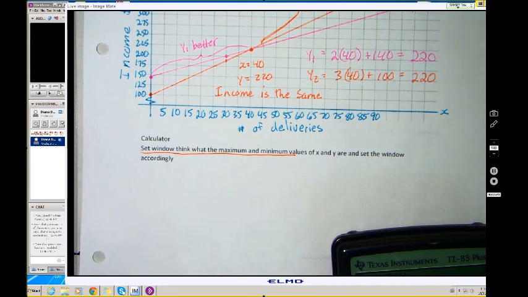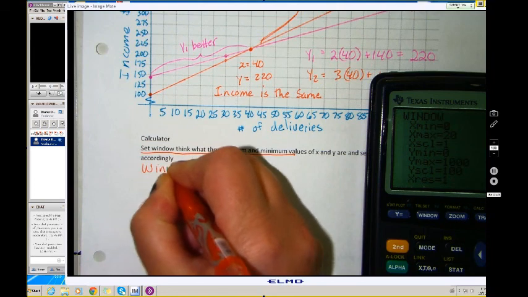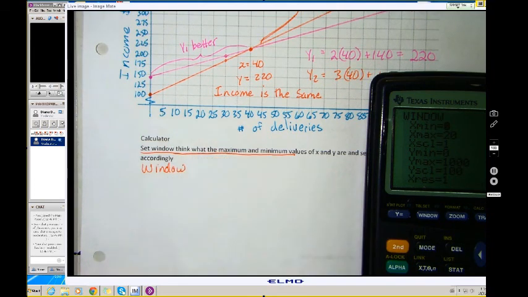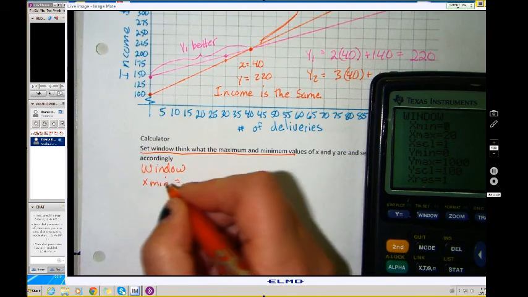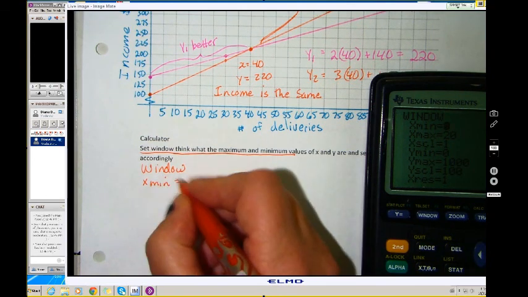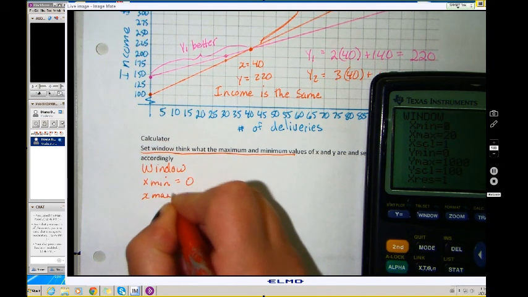We could go up to 100, that would be fine, right? 0 to 100. So we went between 0 and 100, right? So what you would put in here, I'm just going to write it out here so you have it. Your X min, we're not dealing with negative numbers, so we can put 0. Your X max, we can go up to 100.